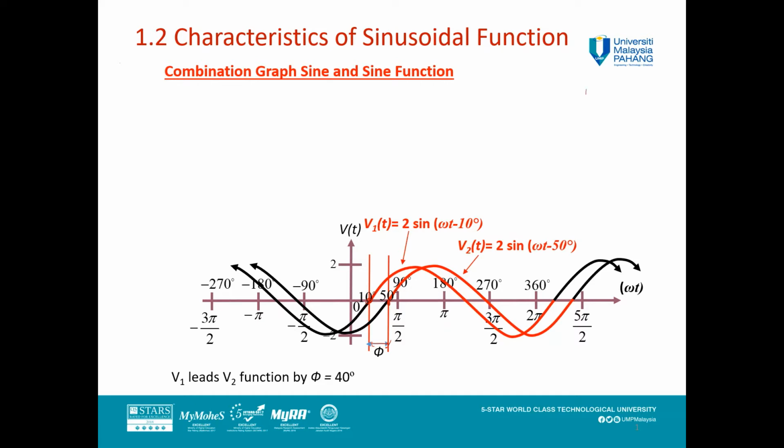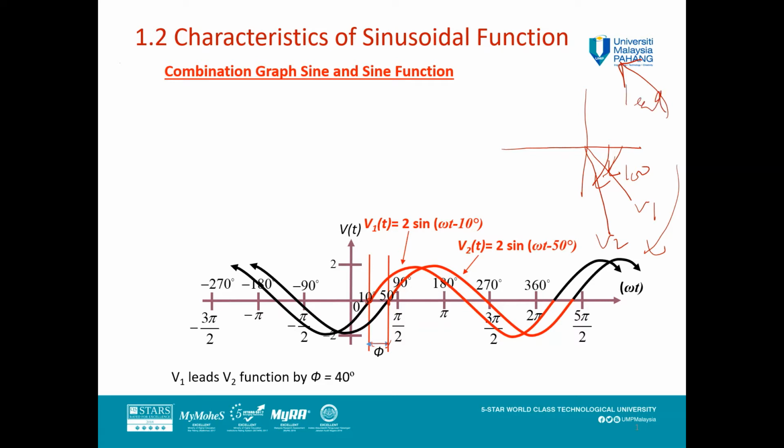If you understand this, here is the method. Now the angle is 10 degrees, this one is V1. For V2 it is 50 degrees. So who is leading? Who leads for this question? Looking at it like this, the one on top is leading and this one is lagging.